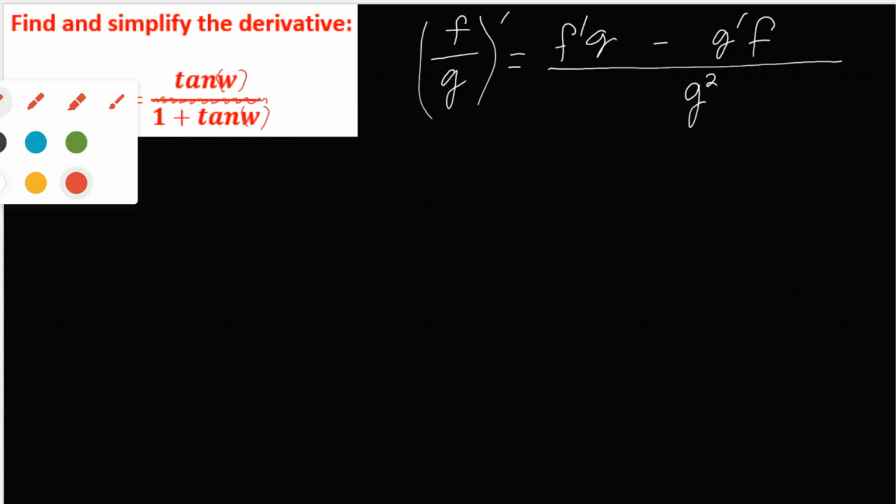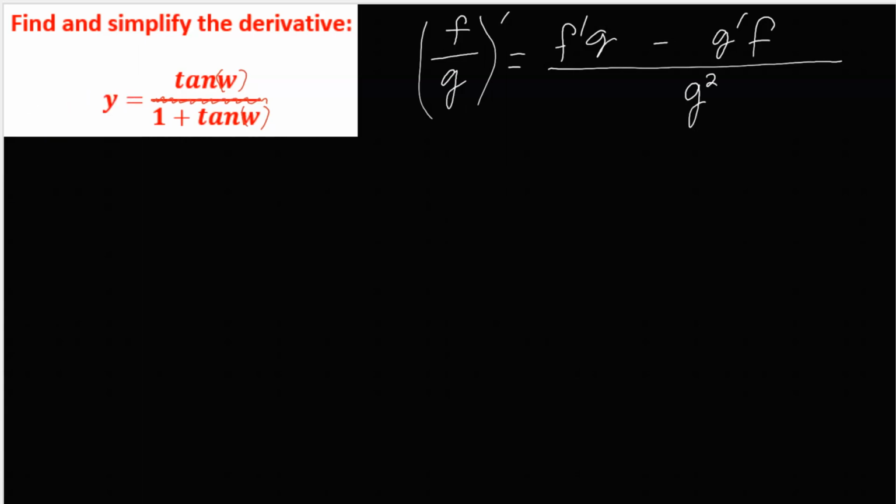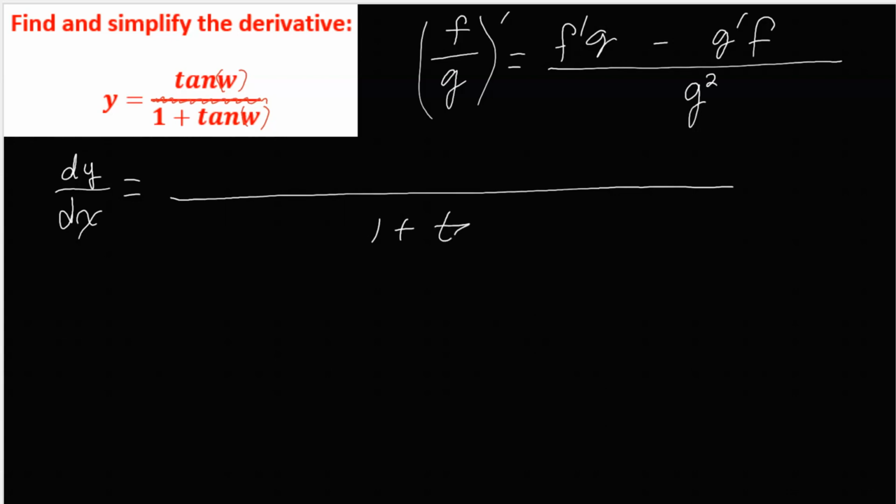Okay, so we would say the derivative of y with respect to x is, and that's how we would write that, dy dx is equal to, on the denominator, you would have 1 plus tangent of w, and then that being squared. Okay, that's what the denominator is. That's this one, this part right here.